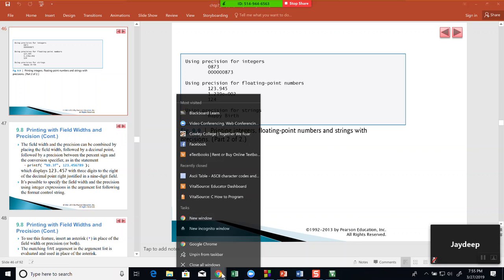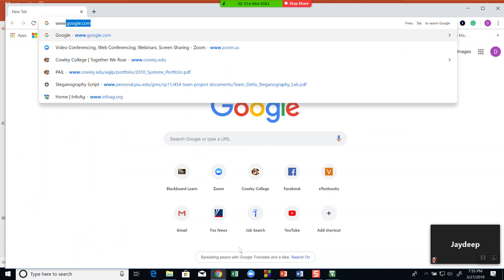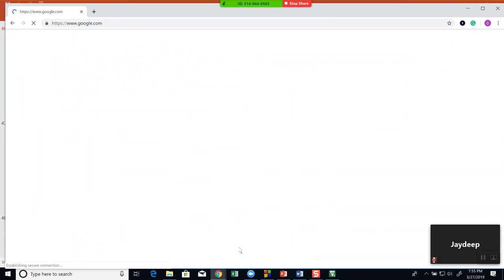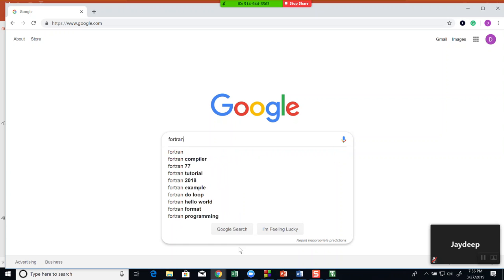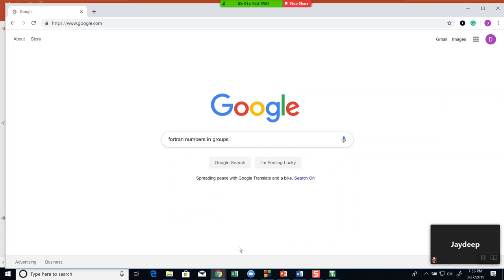Let's see if I'm lying. It's been a while since I wrote a program for that. Fortran numbers in groups of 4.